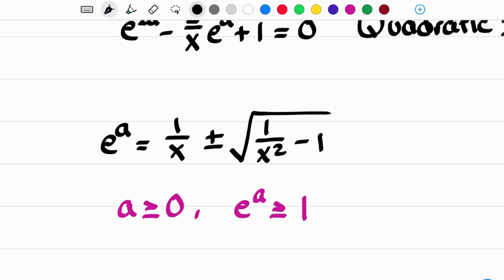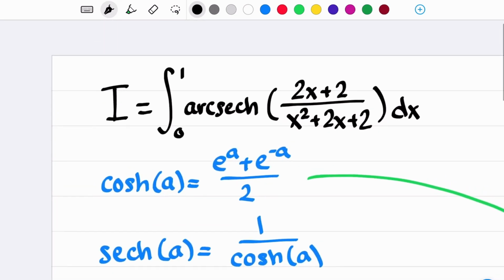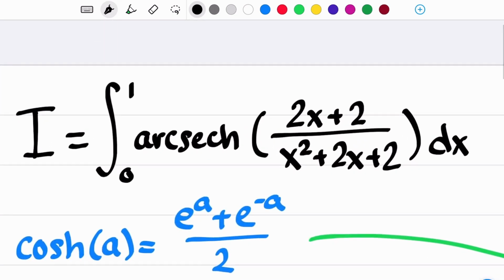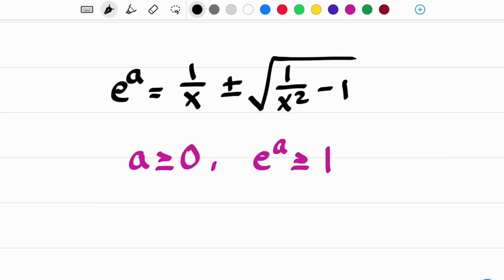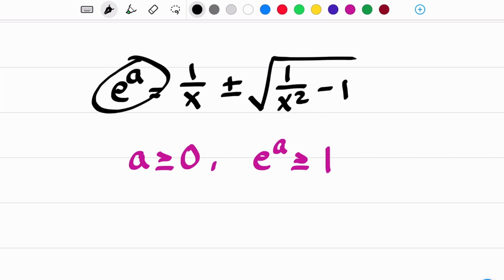Now, we remember from our original integral, which I'm going to go back up to here, our bounds are from 0 to 1, so x is ranging from 0 to 1. Well, what does that mean in terms of our problem down here? Well, it means that for all x from 0 to 1, this term has to be greater than or equal to 1, right? Because this is also greater than or equal to 1.